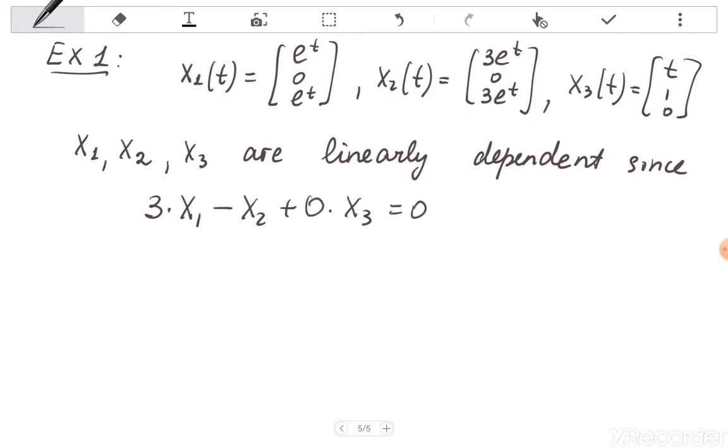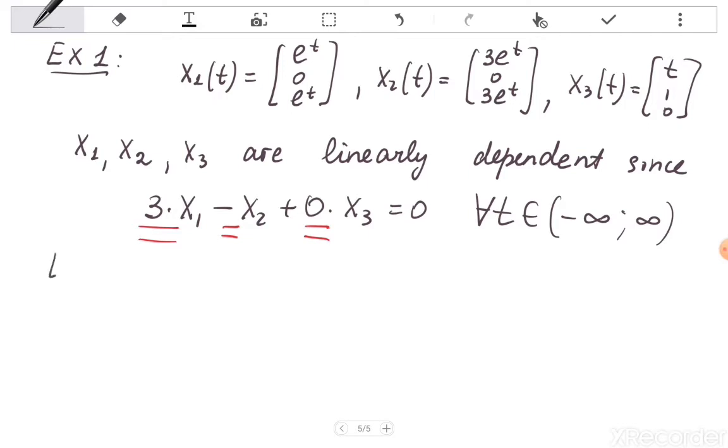So there are numbers c1, which is 3, c2, which is minus 1, and c3, which is 0, so that we can write a linear combination and get 0 for all t, right? In fact, for any t from minus infinity to infinity. So these are linearly dependent.